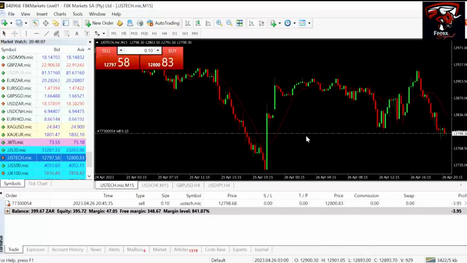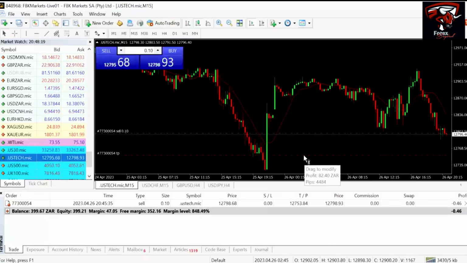Now, moving to the fourth topic, which is take profit. For example, I've just dragged my TP here, and it says I'll be banking about 44.84, which is 4,484 points in reality, which will give me about 82 rands if the market reaches the red line that you see on the screen.